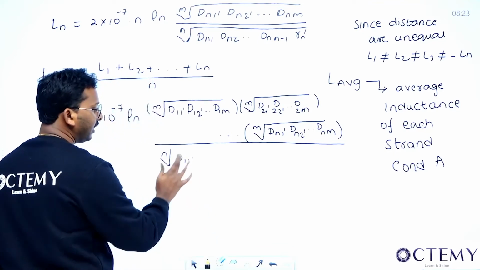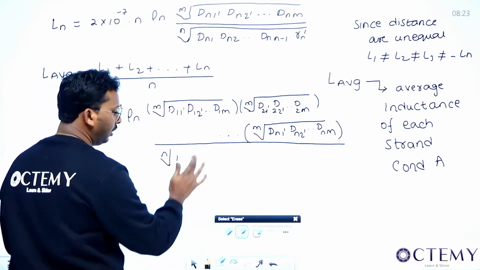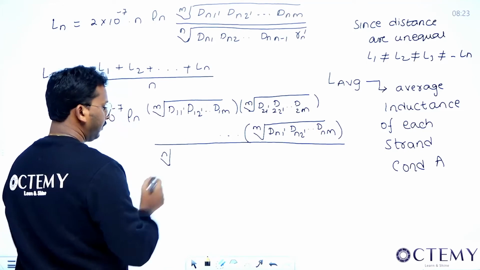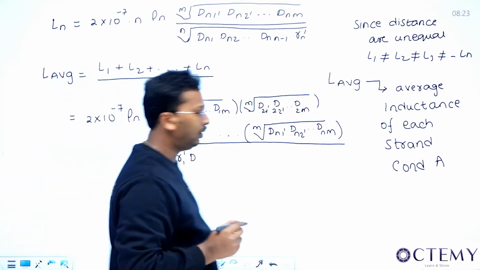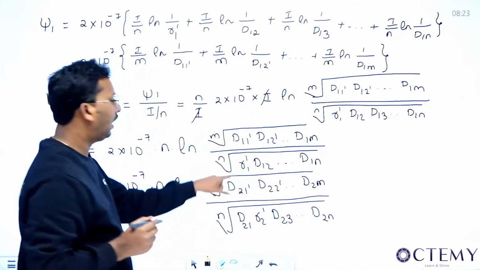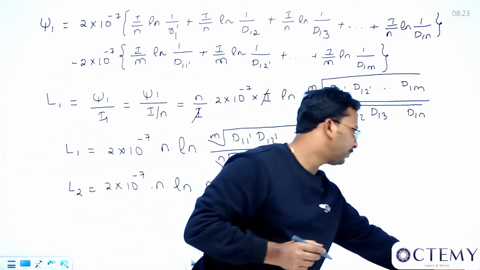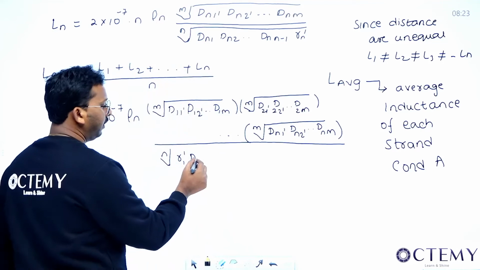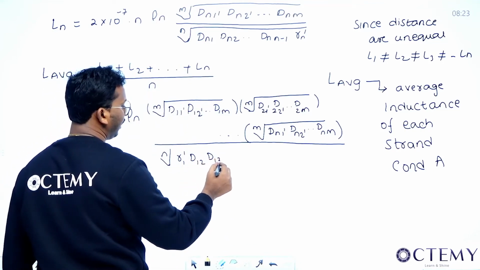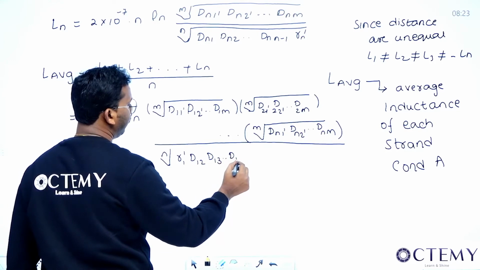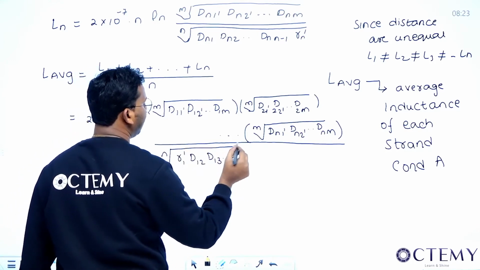Simply r1 dash. If you want, I can just show you back. r1 dash. Next, d12. Next, d13. And then so on d1n. This is the first nth root.